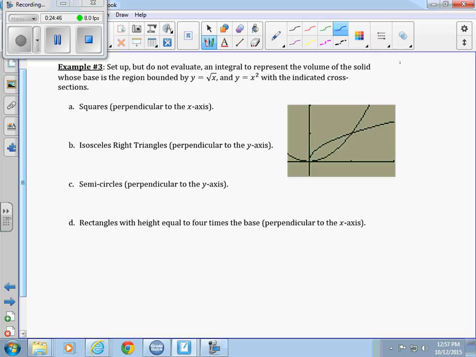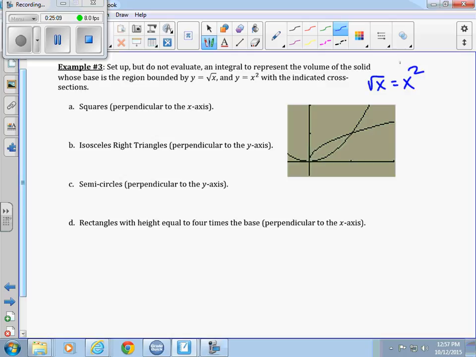That's the first thing I need to do. Okay, I'm going to need the intersection, so I can do that first. It is 1 and 0. You can do that by hand, or you can use a calculator, but this one can be done by hand. Square root of x equals x squared.